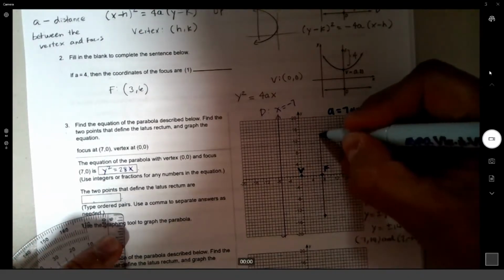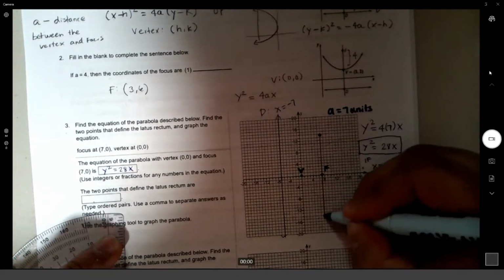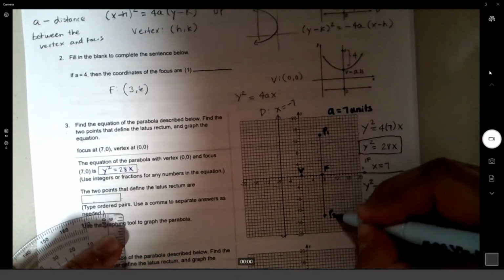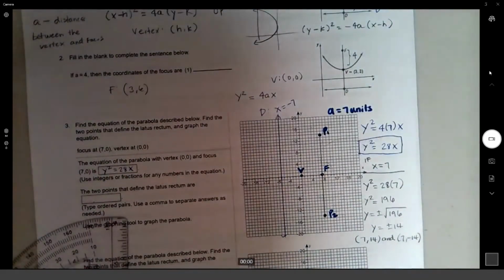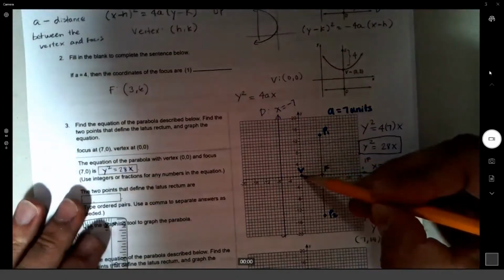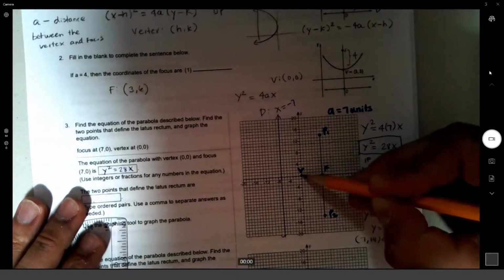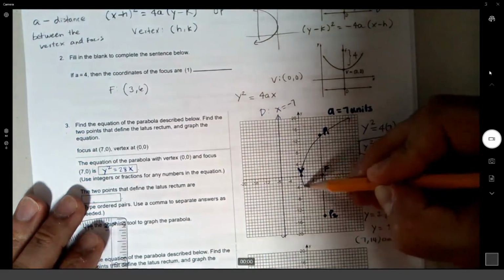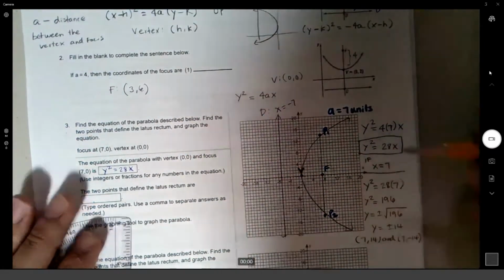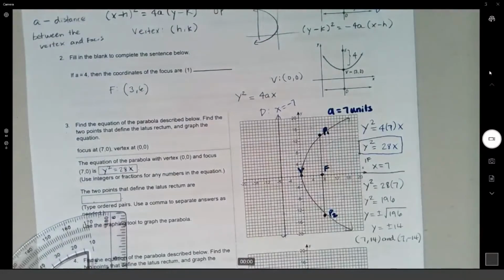I'm going to call that P1, P2. Those will be the 2 points that will define the latus rectum. And so therefore the parabola will pass through the vertex. It will look something like that. Let's pause the video.